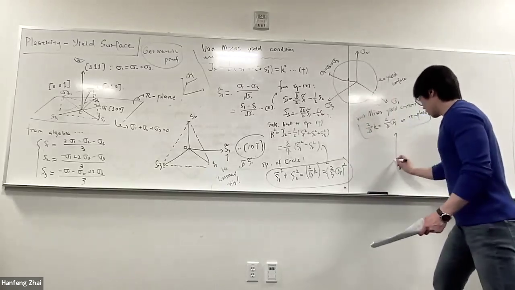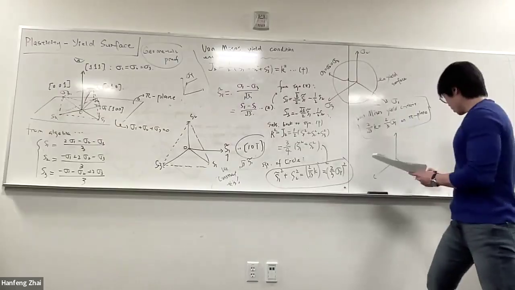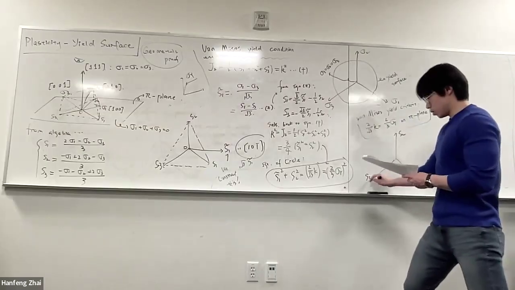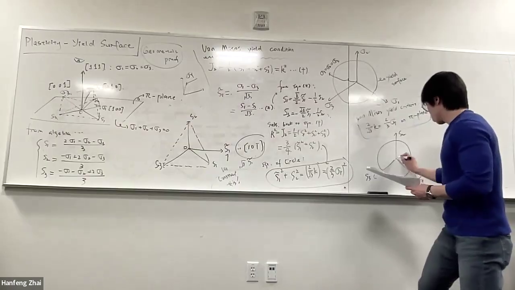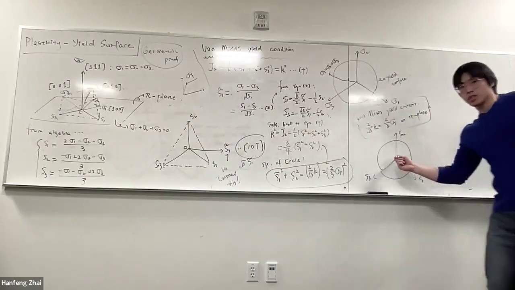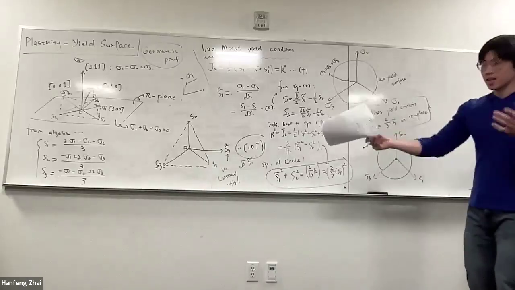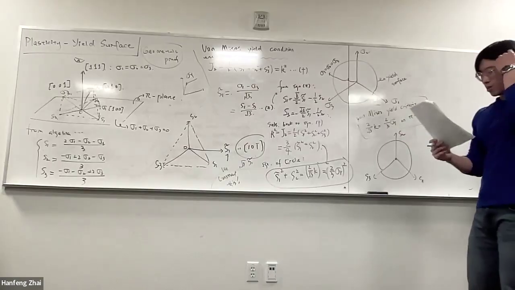So we can plot or sketch a schematic. We have S1, S2, and S3. You have a circle. And this axis pointing outwards is the 1, 1, 1 axis, where, as I have repeated like 100 times, all the 3 principal stress components are the same.